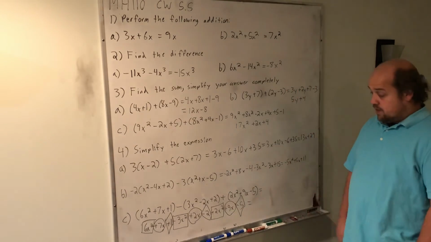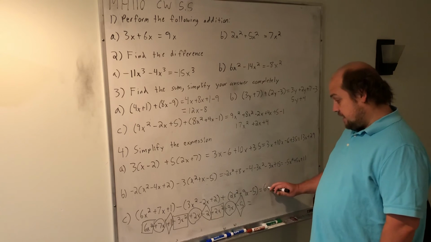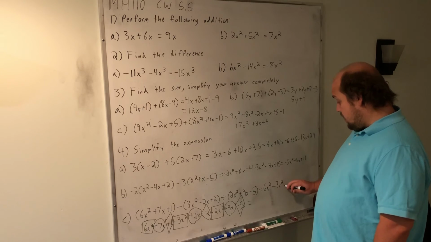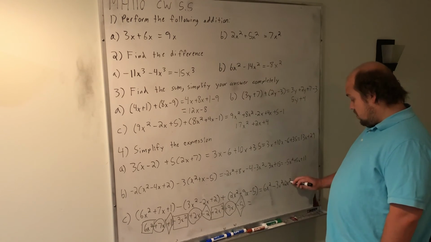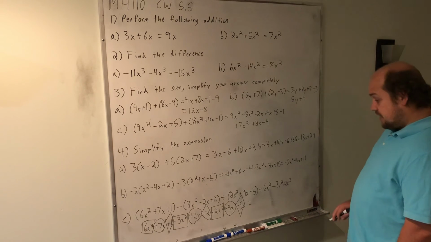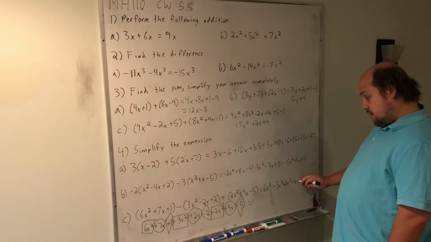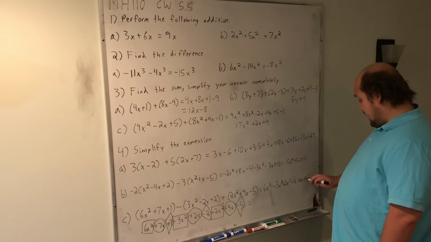So if I combine what I have in my boxes, say I have a positive 6x squared, a negative 3x squared, and a positive 2x squared. Then my circles say I have a positive 7x, a positive 2x, and a positive 9x.